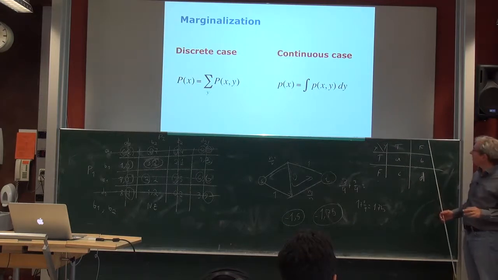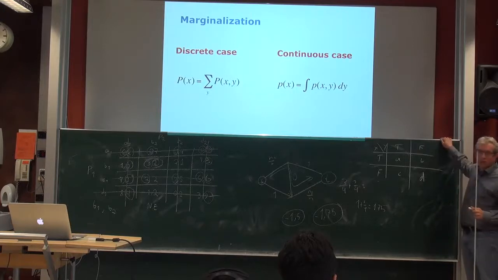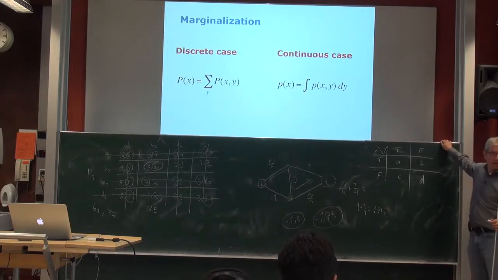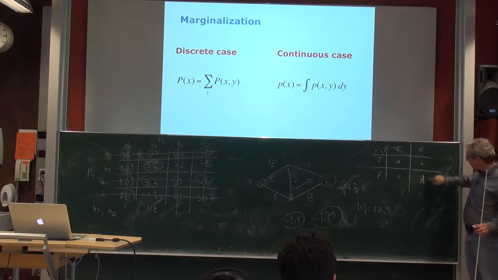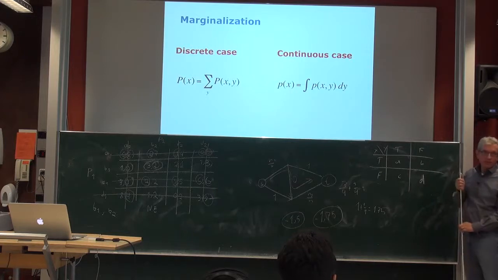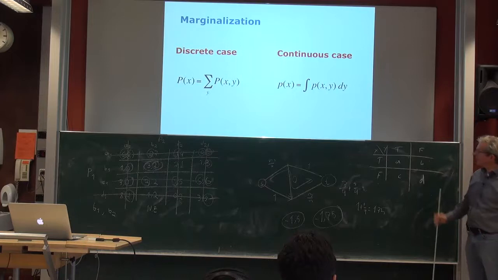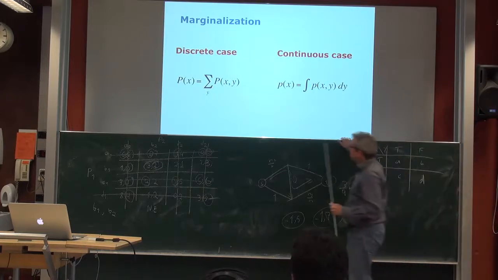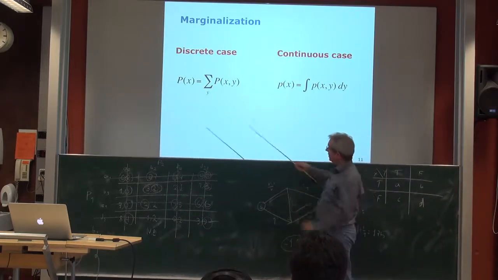You could even think about p of y being false. What is that? B plus D. That's summing over all x, the corresponding two values of x, for y equals false. So this is what is behind this marginalization rule.